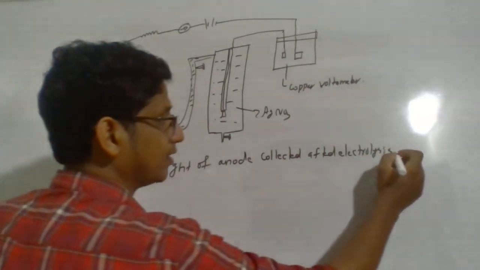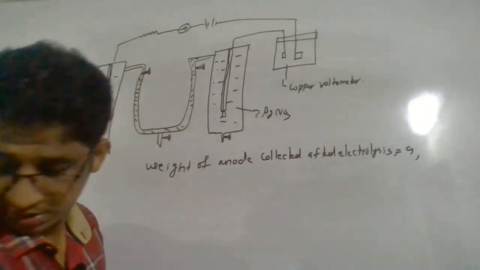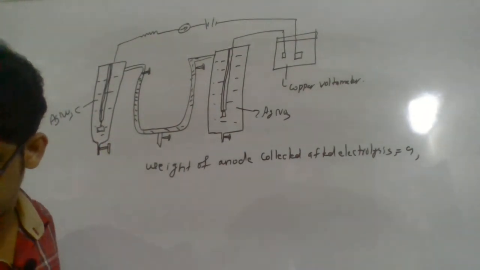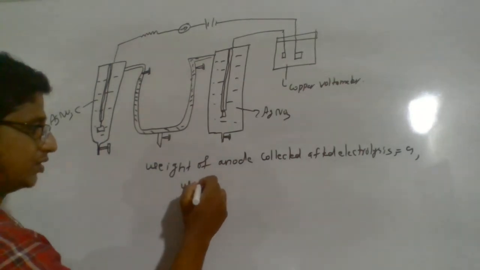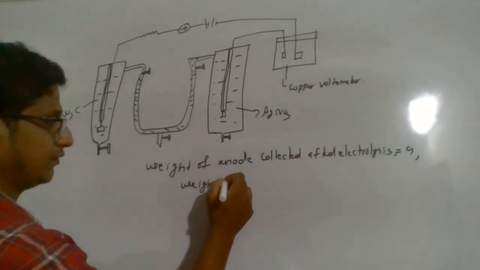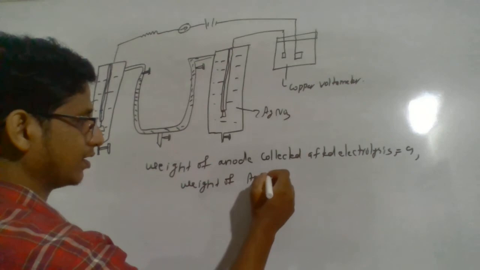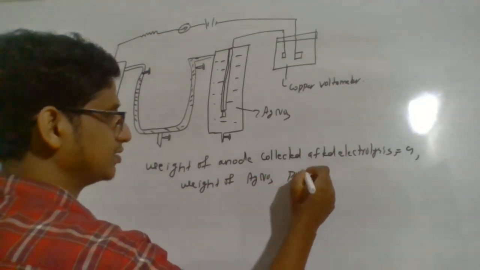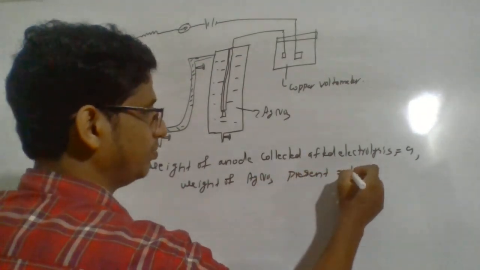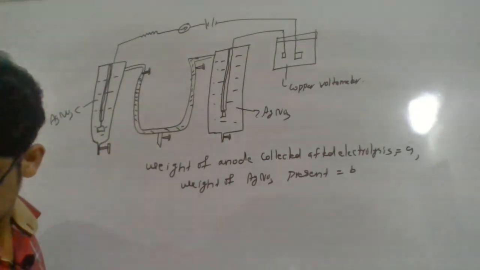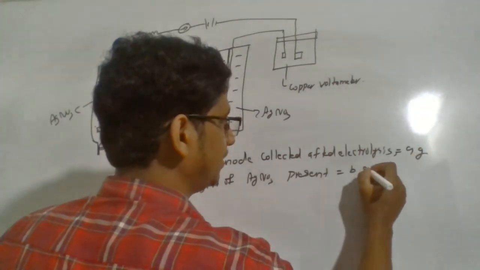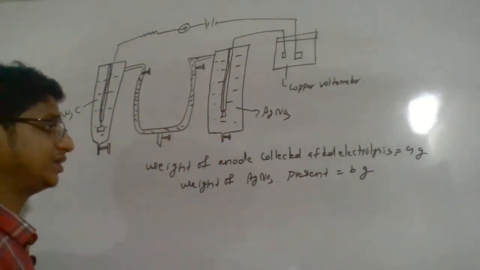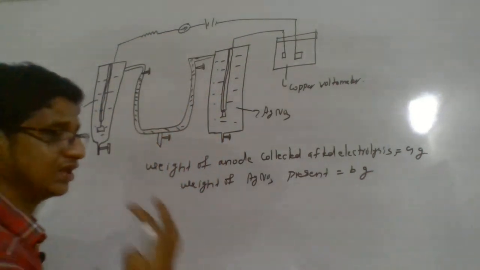Let it be A, and let the weight of silver nitrate present be B gram. So we know the amount of silver nitrate.